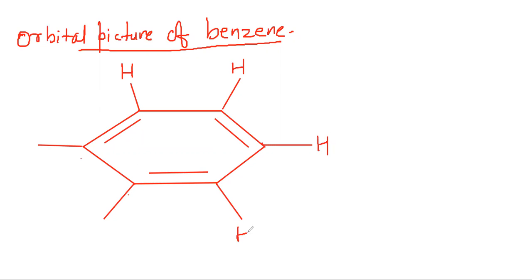This is how we write benzene. Sometimes we don't show the hydrogens also because they are understood, since each carbon should have four bonds. One, two, three, four. So we draw this molecule as simply as just like this.